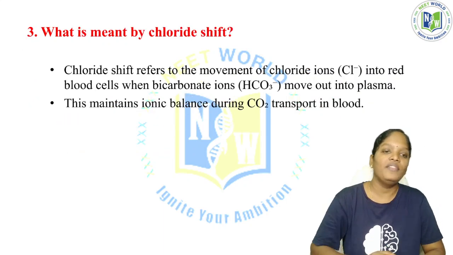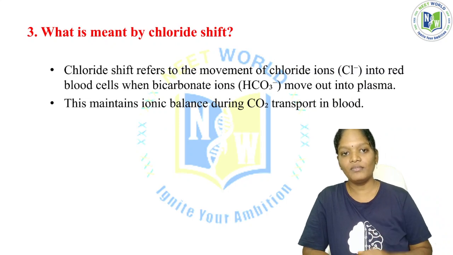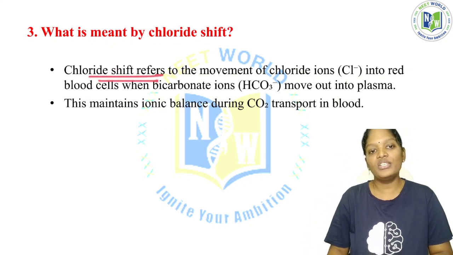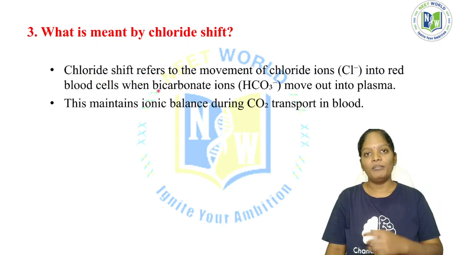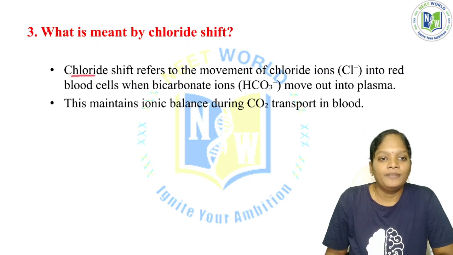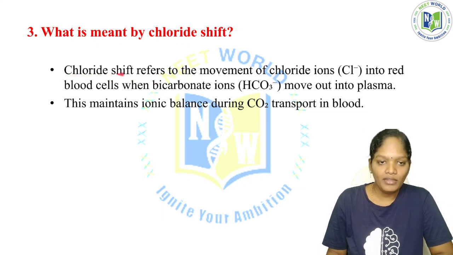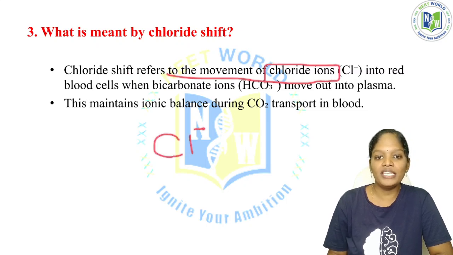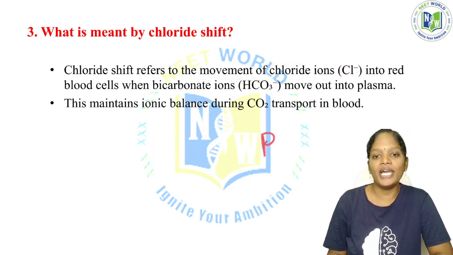Now the next question will be chloride shift. Very important. The chloride shift happens in the blood to maintain the pH. This chloride shift refers to the movement of chloride ions, Cl minus, into the RBC.